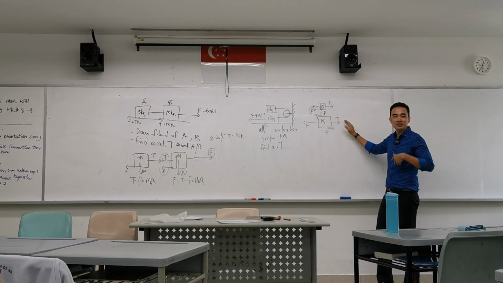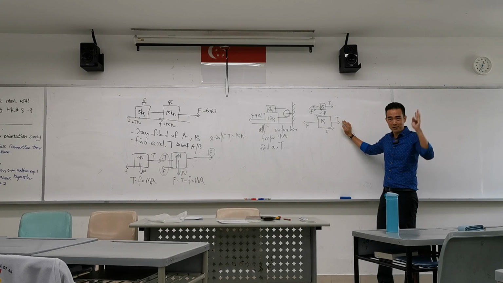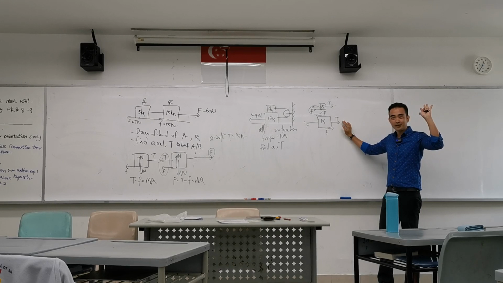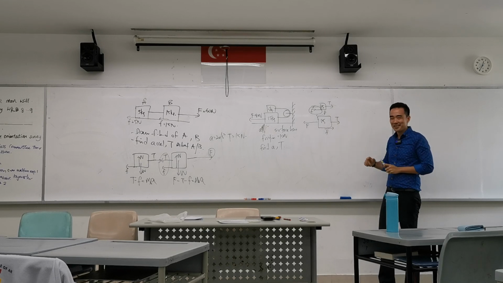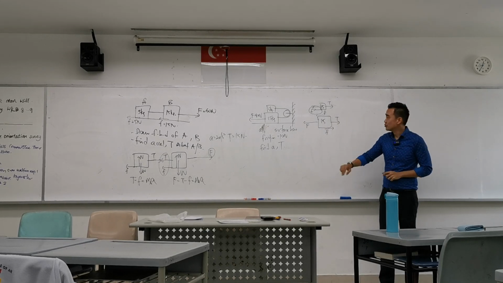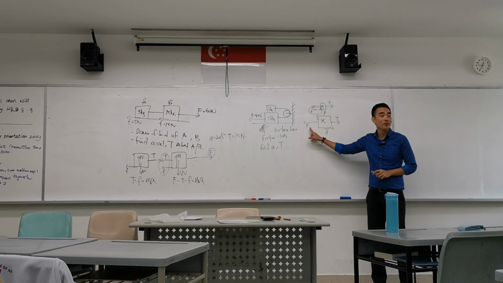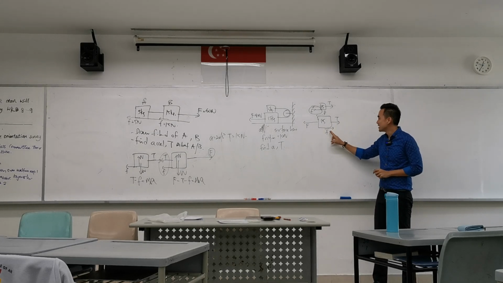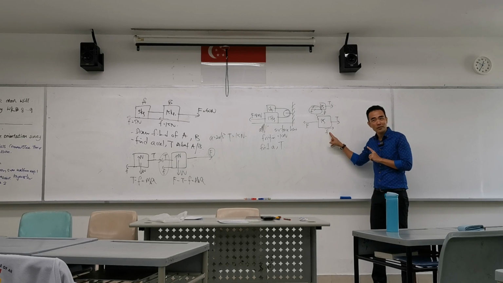How many of you disagree that this is the free body diagram? How many of you are lost? Okay, if you're lost, I guess you're not totally lost. You do know that this is correct, right? So this one is also not a problem.